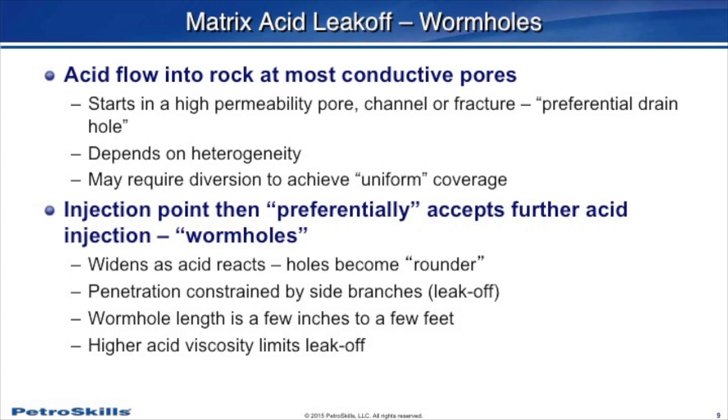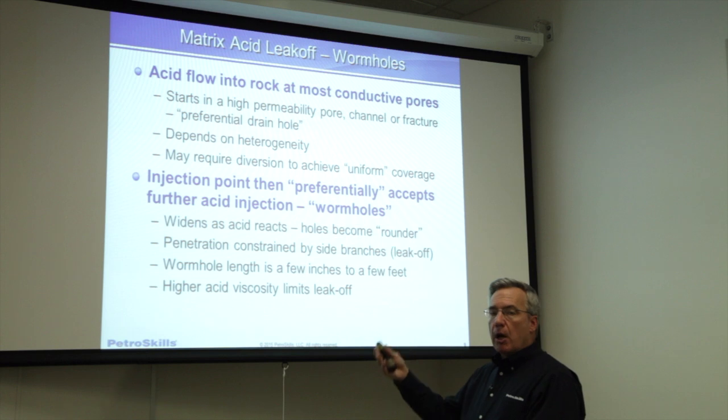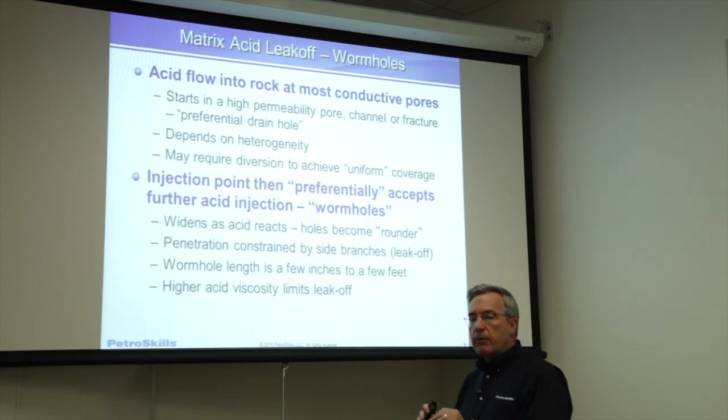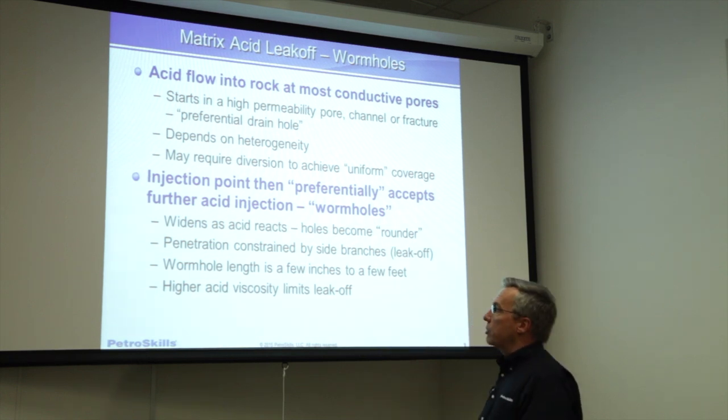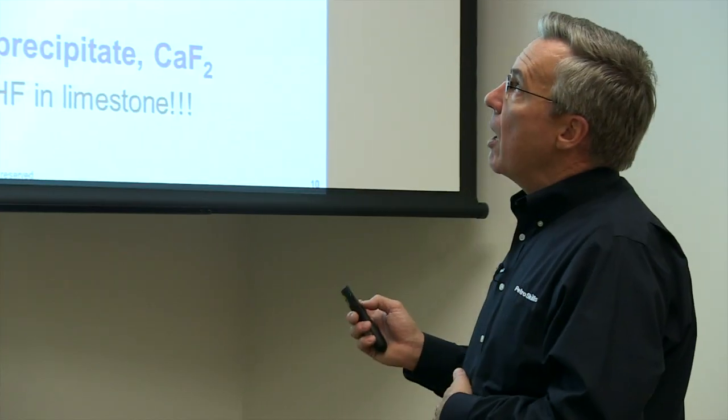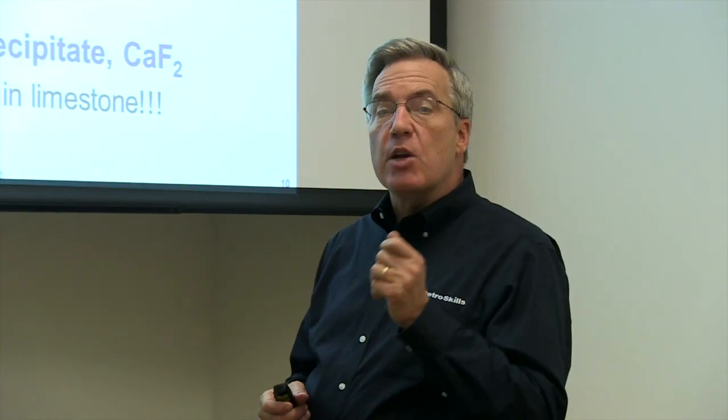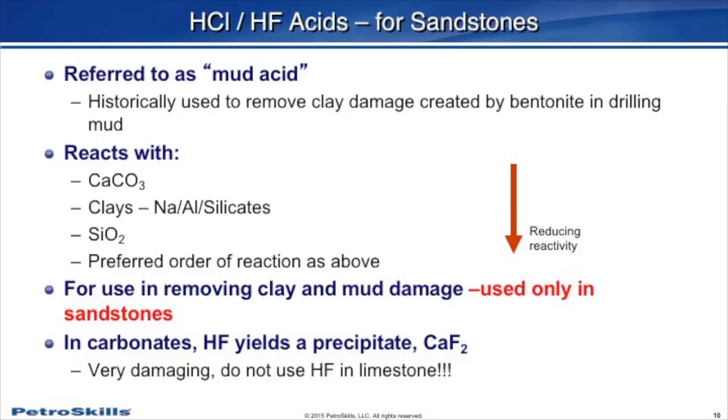So sometimes we want to divert the flow of that acid, and we might do that mechanically with ball sealers, or we might do it with viscosity and gel the acid to cause more diversion and a more uniform dispersion of the acid. We pump hydrofluoric acid in our sandstones, okay? And so we call these treatments on sandstones mud acids.